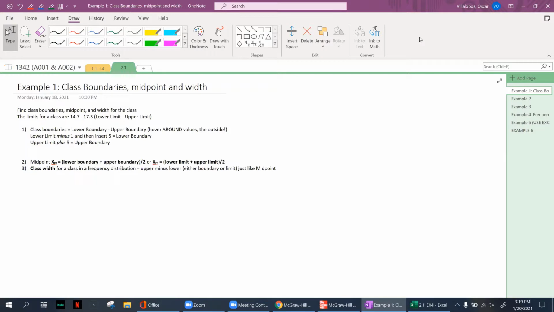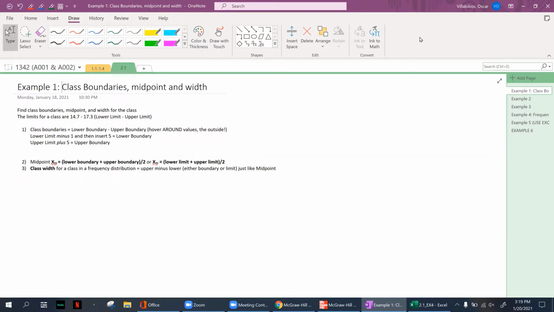So, as we were saying, we're going to continue, or start, section 2.1. We already got a lot of the definitions down from chapter 1. There were some computational problems, and from those computational problems, that's where we're going to transition into this section.